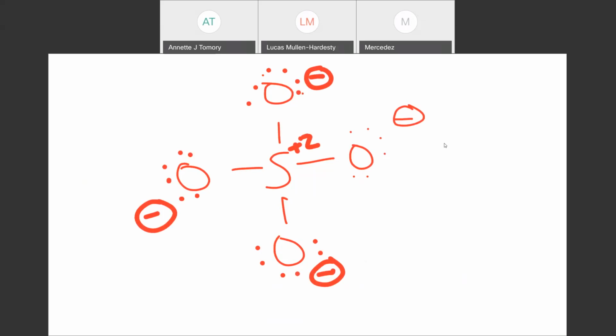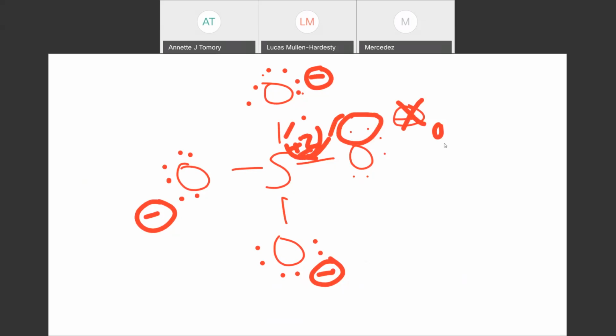You follow me? If I'm trying to minimize it, I'm trying to give away some of oxygen's electrons, but sulfur wants to take some electrons. I can take these electrons here and share them. I can make that a double bond. I was about to say that. And so that means this one would go down to a +1 and this would go down to a 0.